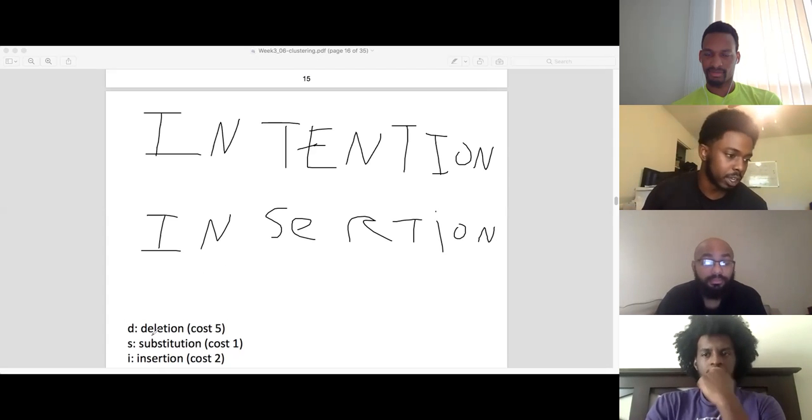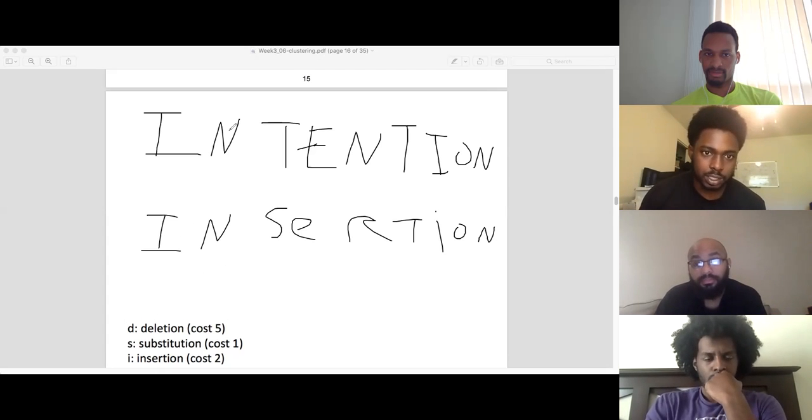If we look at this, we see that this is the same, this is the same. This is different. We had a substitution here, so let me just mark an S. These are the same. We have another substitution here, S. These are the same, these are the same, these are the same.